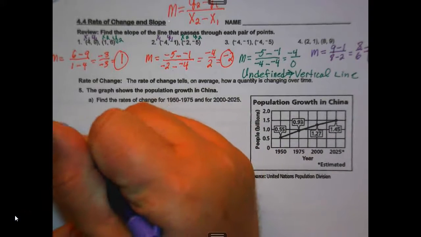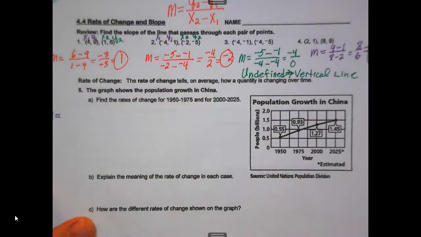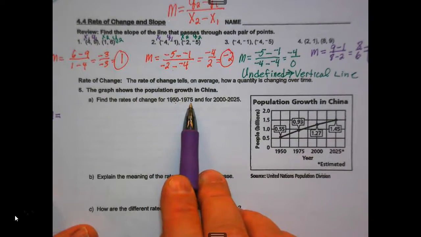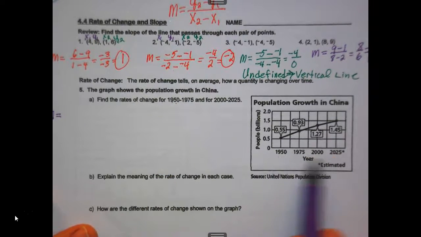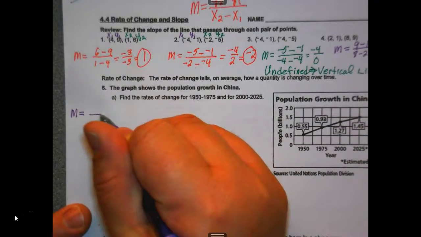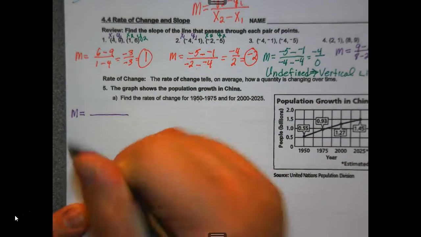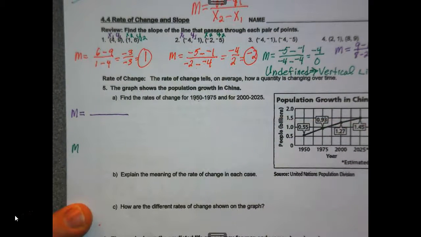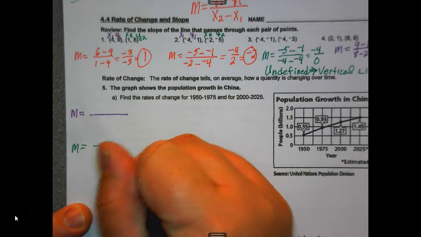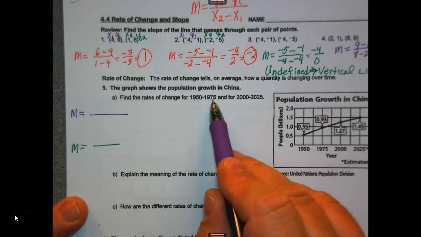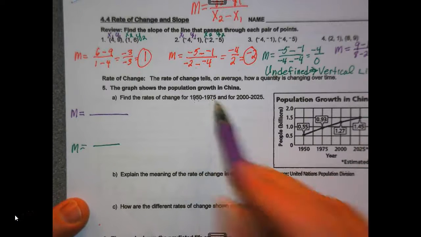We have to find the slope or the rate of change for 1950 and 1975. By the way, those are our x's, so they're going to be in the denominator. Okay, for 1950 to 1975, so this is actually our x2.